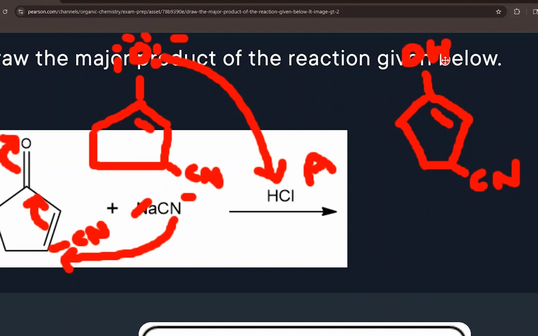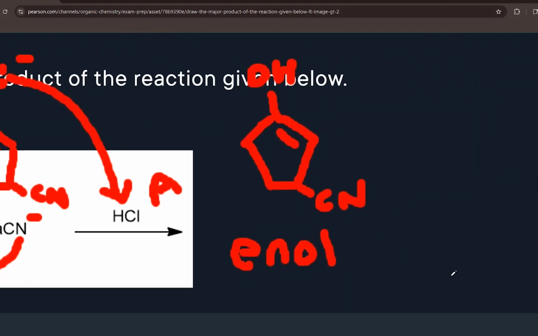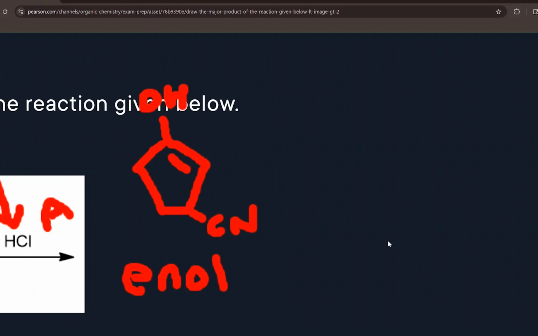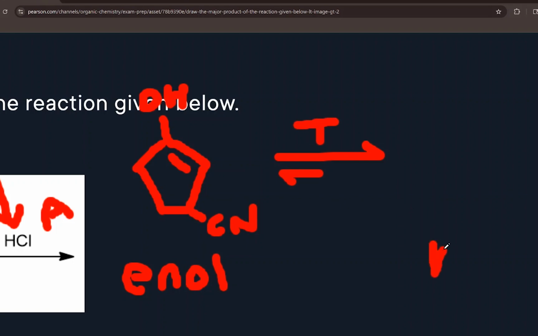And this right here is called the enol form of our product. Okay. But as we learned with Dr. Kerr last semester, there is some tautomerization that can happen here that would create the keto form, which in this case is more favorable.